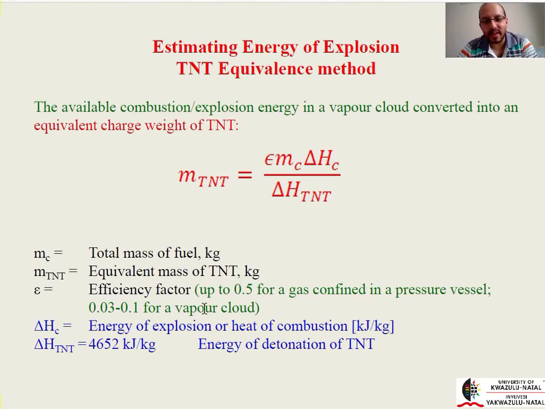But looking at a vapor cloud, so let's say any cloud of dust particles, either in the atmosphere or in a very large cylindrical tank, the efficiency can drop very low, to the point where you have more energy being dispersed as sound and light rather than an actual shock wave. Okay, so this is the equation.